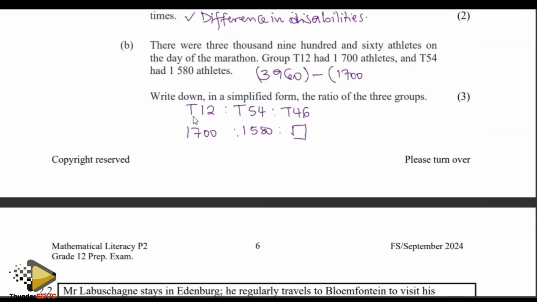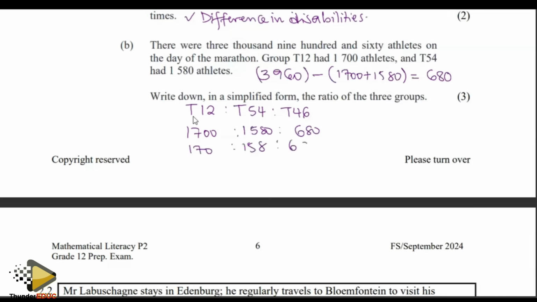So we shall come here, subtract this, that. I believe you end up having 680. So we've got this missing value here, 680.